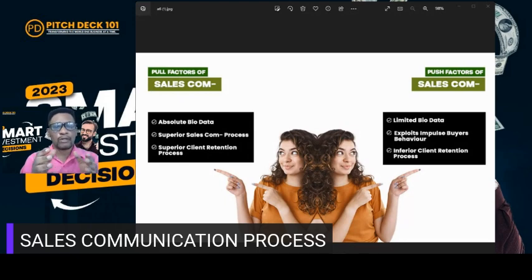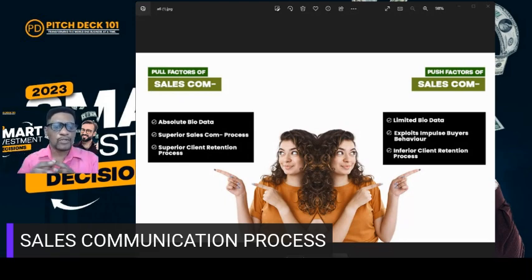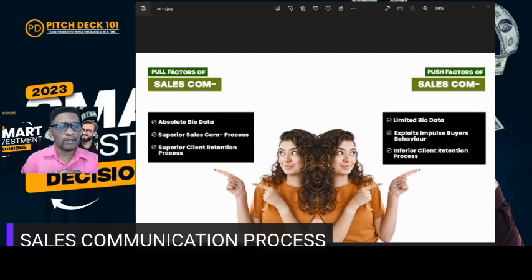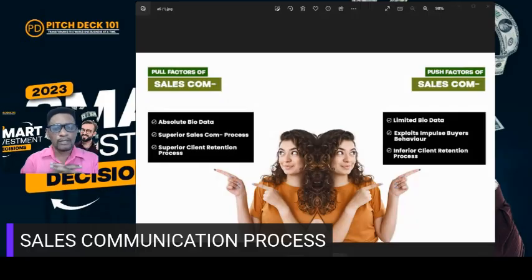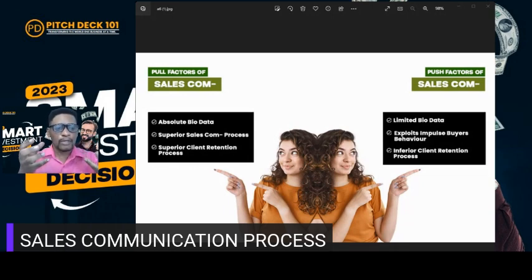We will talk to you about numerous forms of communication and how all of this plays into the pull factors of sales communication. So there's a whole lot for us to cover over the next few days, next few weeks, and perhaps months, to ensure that moving forward, you have the right kind of information that you need to have to position your business for success.